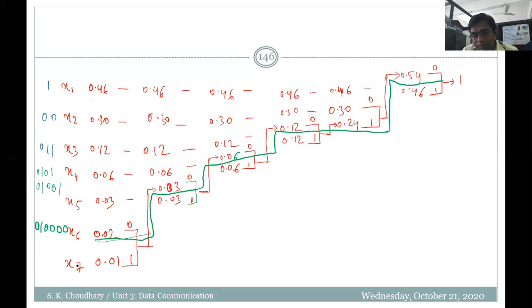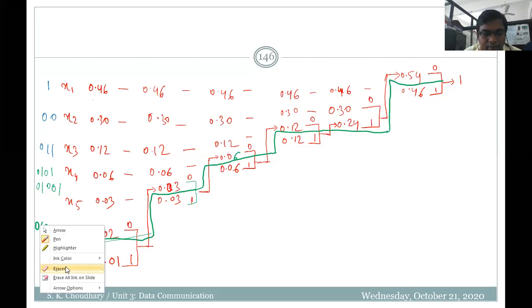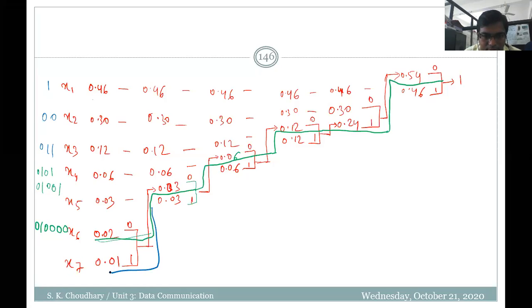You would find that all the tracing would be the same, only the last branch changes, and this is the section where it changes. So it would be 0, 1, 0, 0, 0. Three 0s would be common, only in place of this 0 there is a 1. So it would be 1.